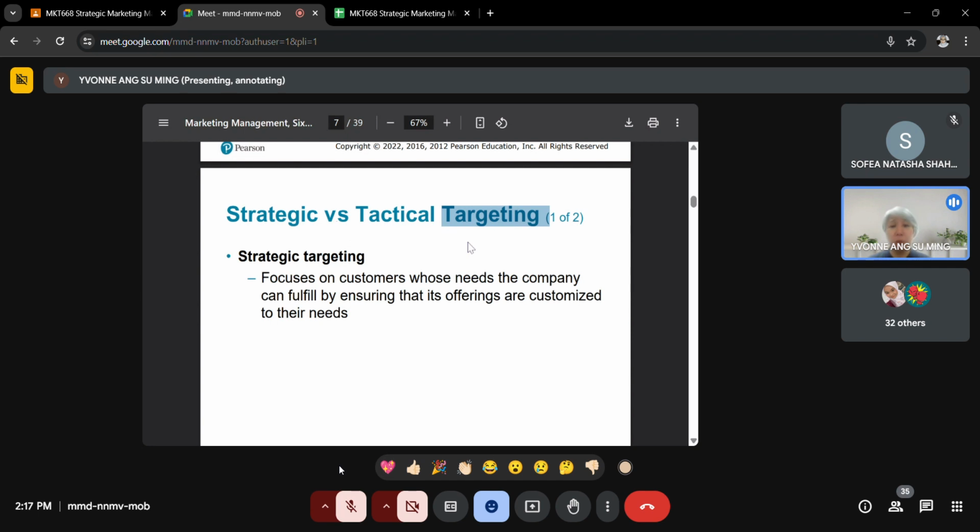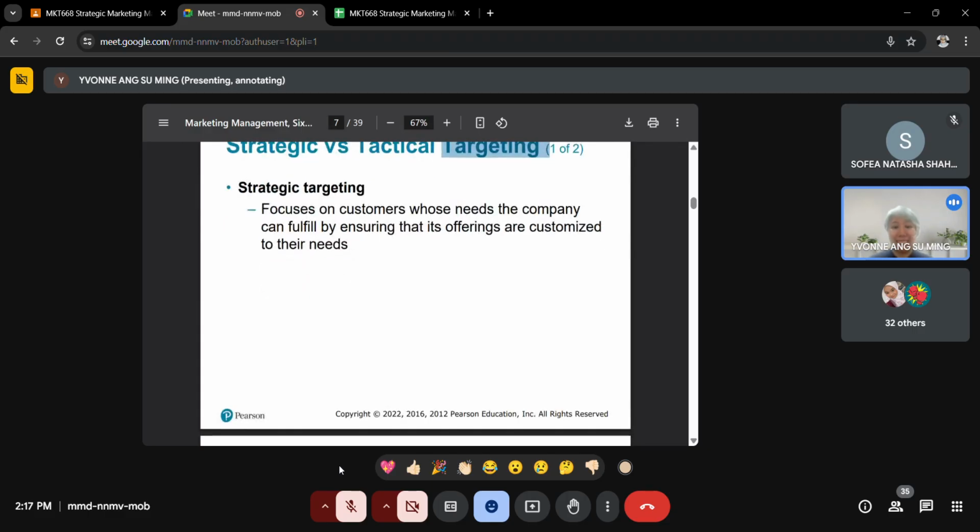Dan fokus yang kedua adalah tactical punya approach kepada targeting. So for strategic targeting, this is understood as when a company goes out and it targets consumers which they choose. So now they choose which are the consumer groups that the company can fulfill.